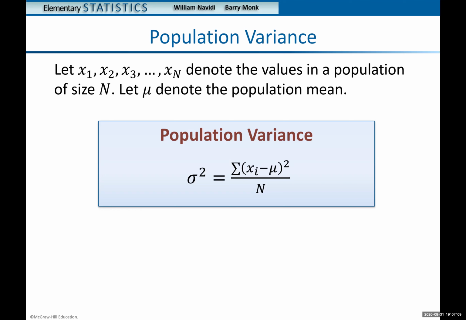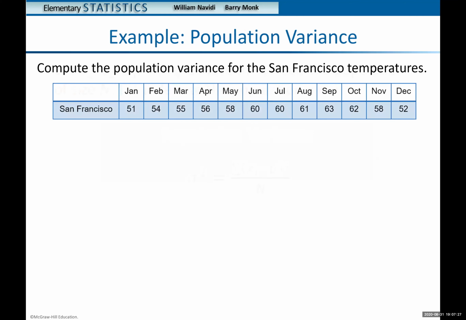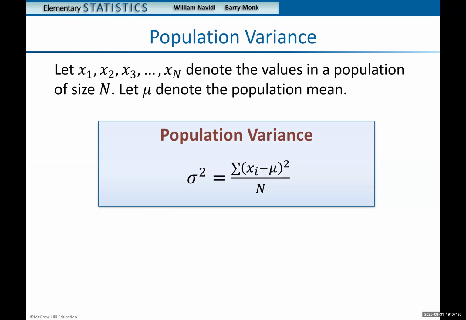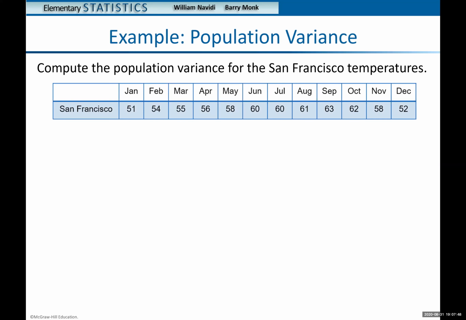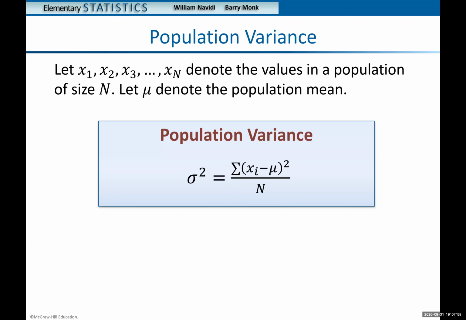So this is the formula for population variance: summation of xi minus the population mean squared all over n. So again, this is the formula for the population variance.